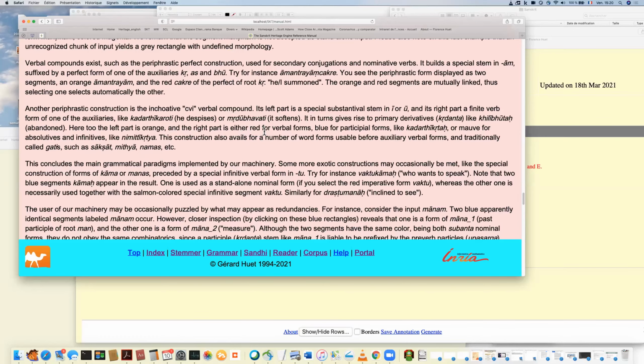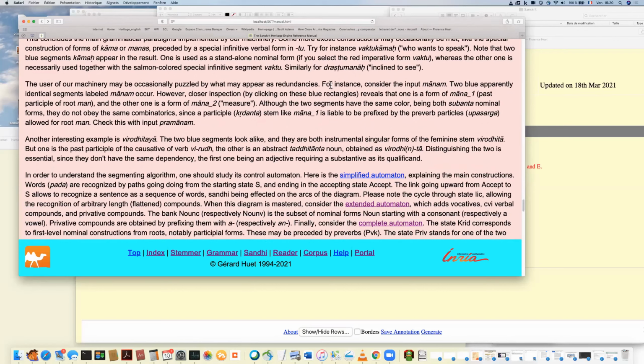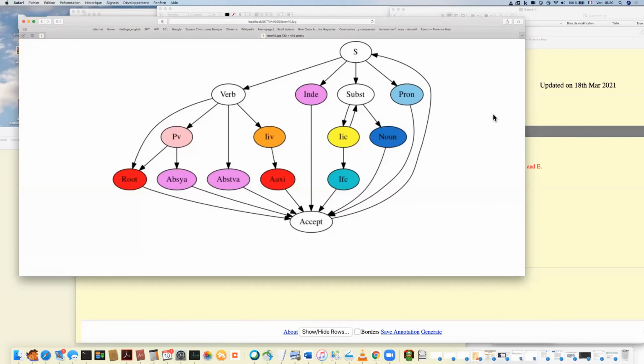Okay, so you see in the manual, you have more indications about all these categories, and how it relates the colors and the categories to the algorithms. This is the algorithm for segmenting. It says a Vakya is obtained from start to accept.